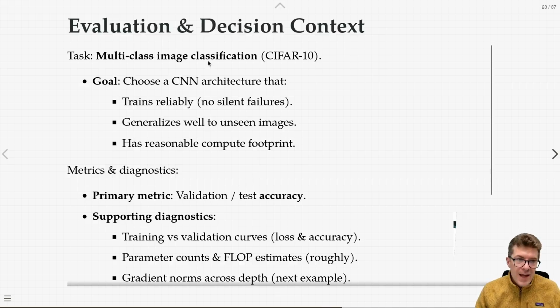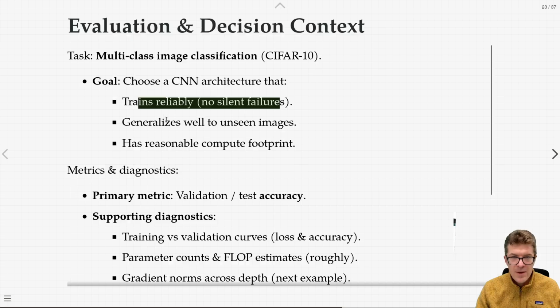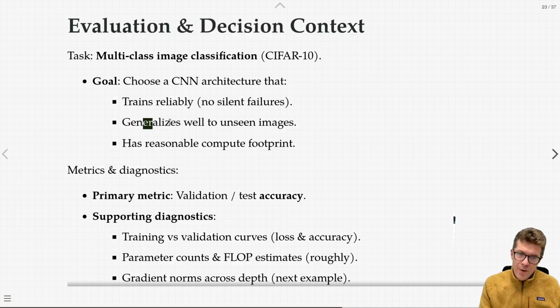So for multi-class image classification like CIFAR-10, you want to choose a CNN architecture that trains reliably, with no failures happening silently or observably. Generalization is the name of the game, so performance on validation is still important.